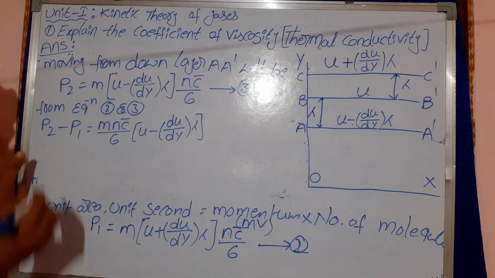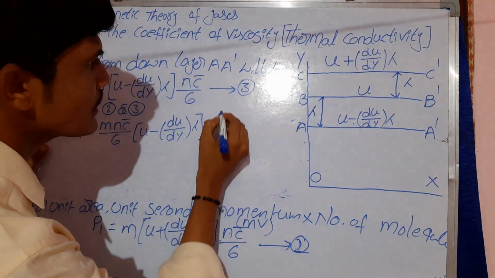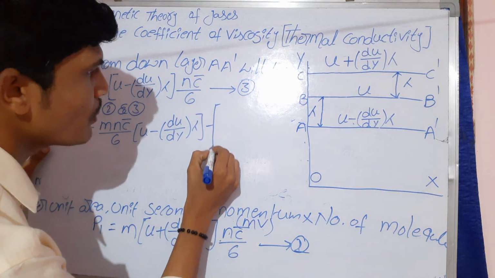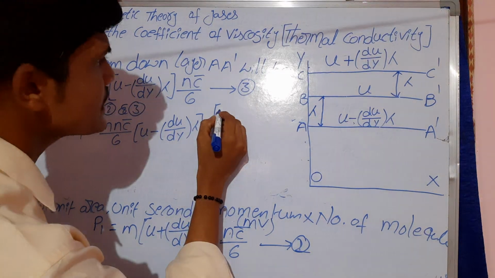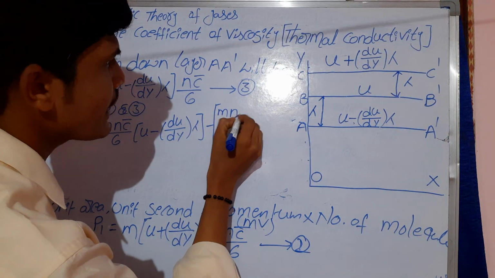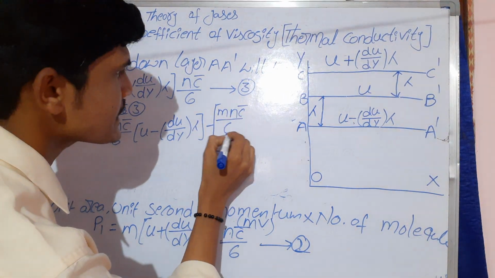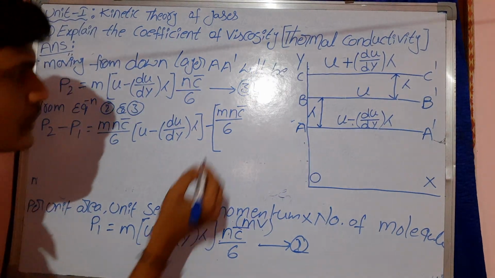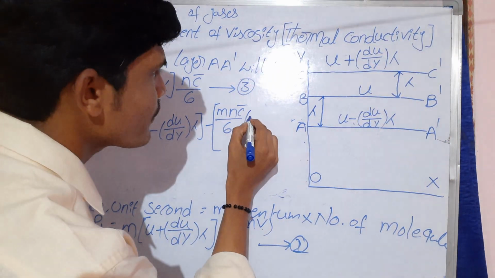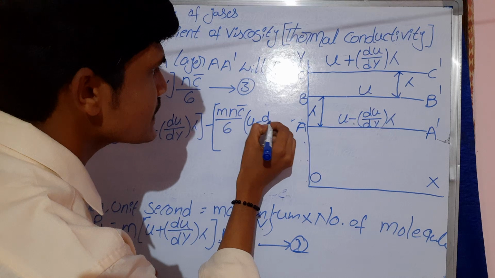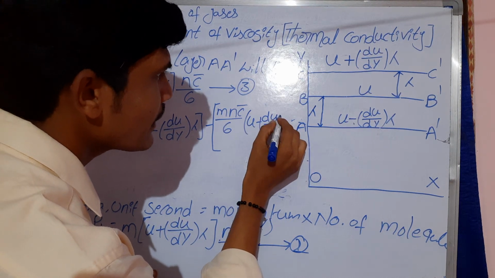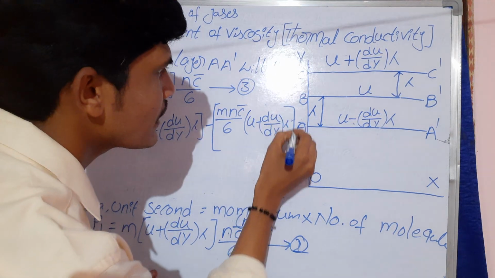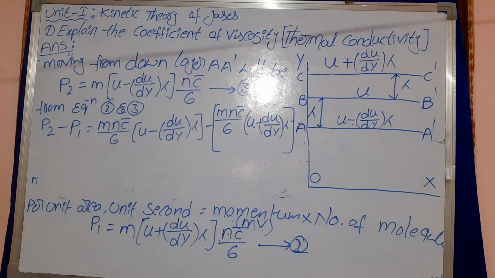This is P2. Minus, whole bracket, P1 means m n c bar by 6 into u minus du by dy into lambda. So this is the equation.